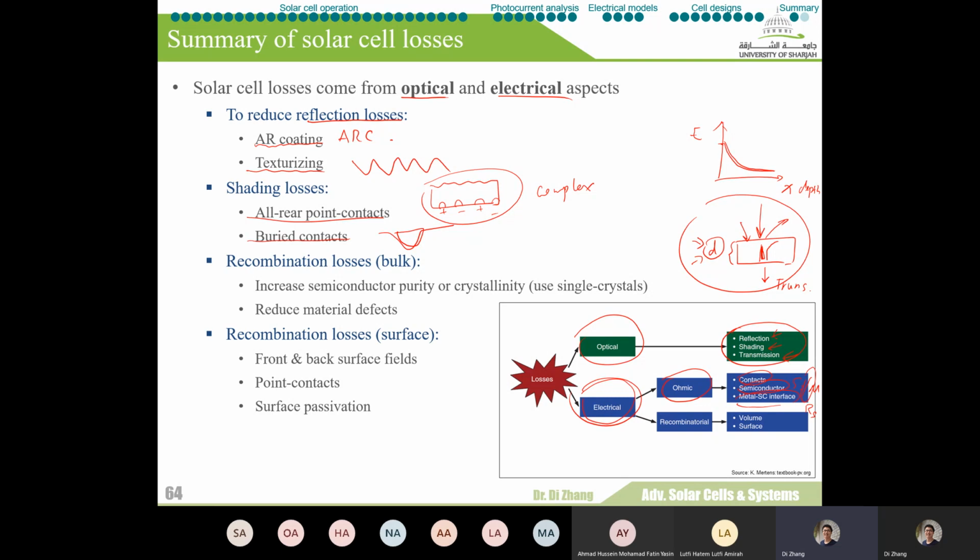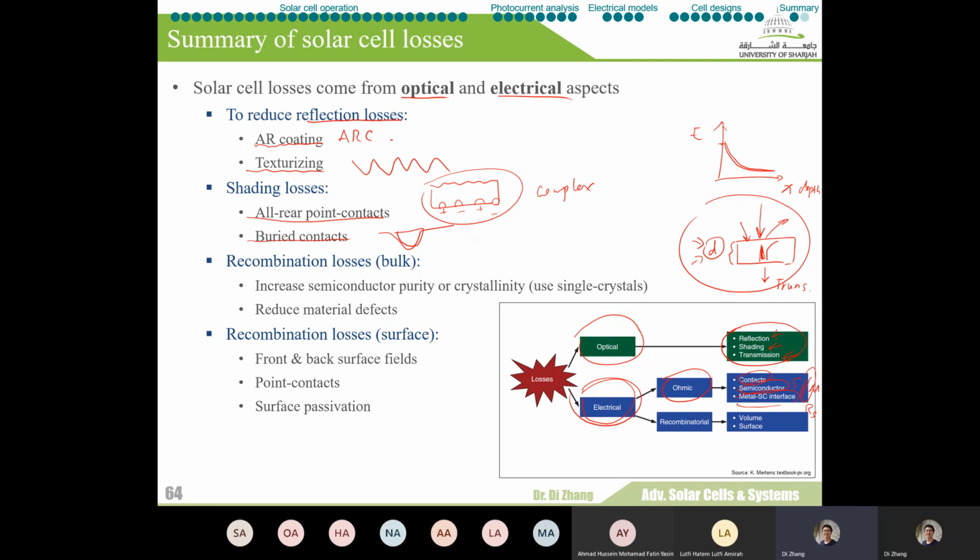You have to modify your design, from the shape of your electrode, from the shape of your fingers, so that they have a sufficient dimension. They have a sufficient width and thickness, so that they will provide you with the minimum resistance.